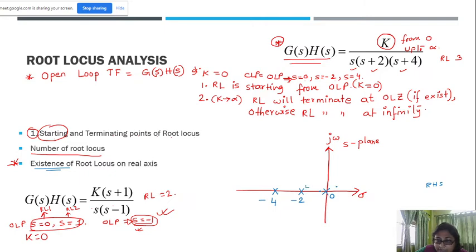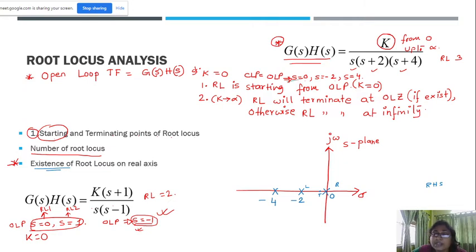Who will tell me how many open loop poles or zeros are present on the right hand side of the test point? I think 1. Yes, only one, because only the pole at 0 is present.